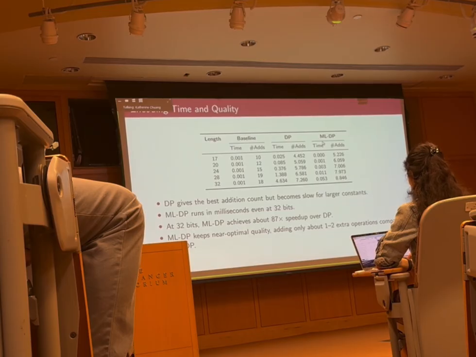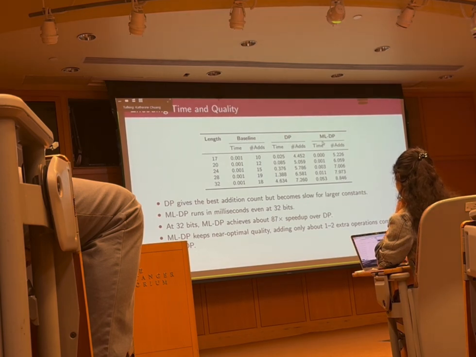So as we can see there, DP gives the best addition count, but becomes slower for large constants there. For the time, it is not better. Actually, the baseline is always the best in time because it's only doing the shift things. It doesn't do any other logic.